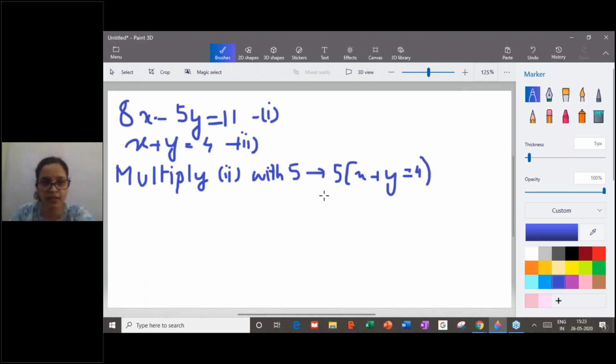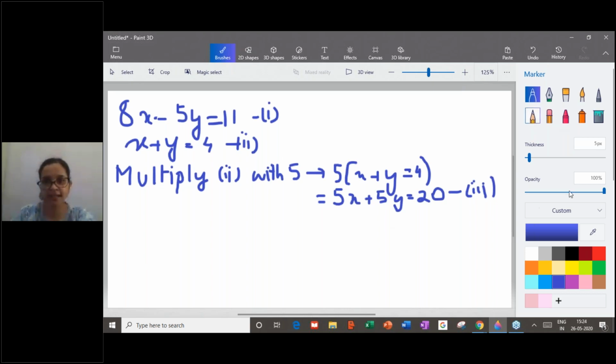Basically gives you 5x plus 5y equal to 20. So you label this as equation 3. Ensure that you label each equation correctly. You write all these steps, that you're multiplying which equation with what number. All this is important. Okay, so now what do you do?